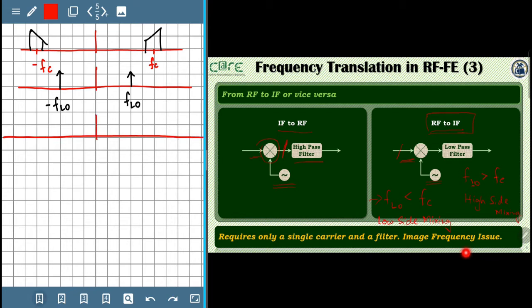You can readily see that there will be a contribution at FLO plus FC, falling somewhere here, and there will be a contribution at FLO minus FC, which will fall somewhere here.